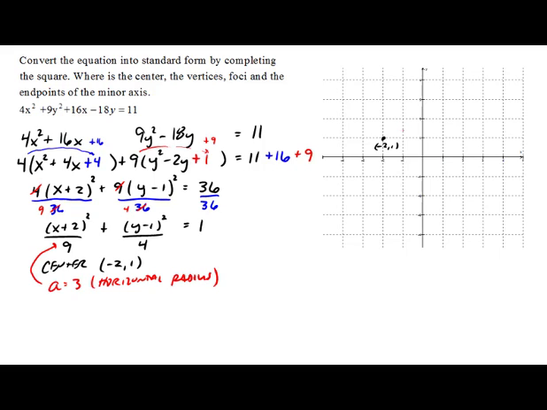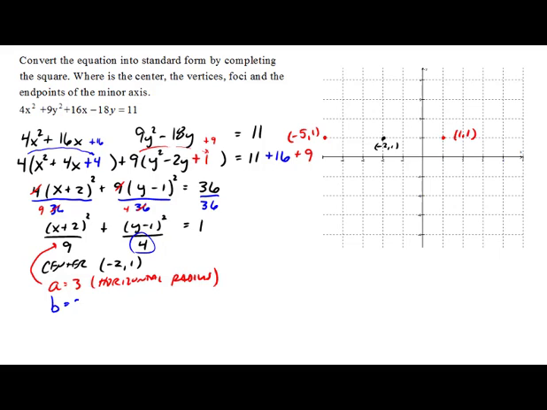So I know from the center, if I go right and left 3 units, I'll be at the horizontal vertices of my ellipse. So this would be at the point 1, 1, and this would be at the point negative 5, 1. I'll do the same thing with B. B is taken from the denominator of the y term.